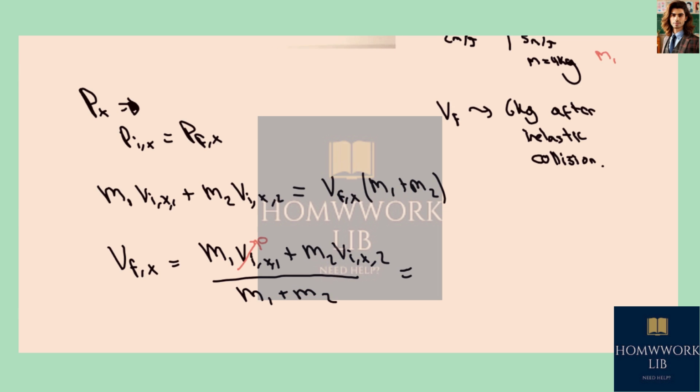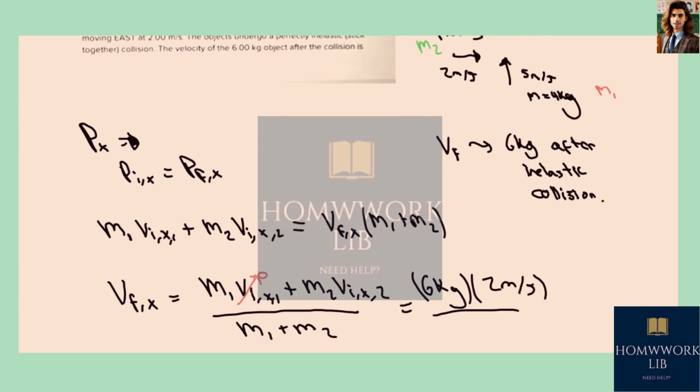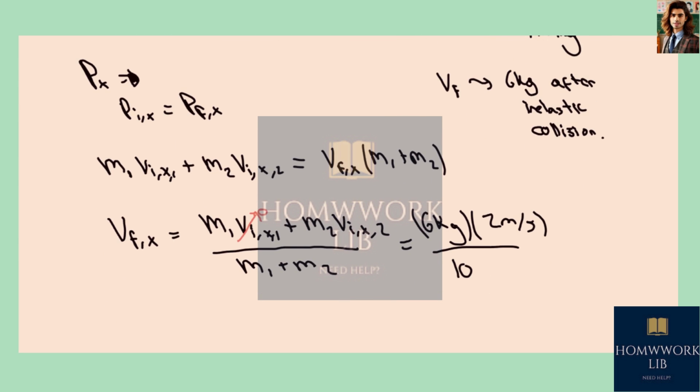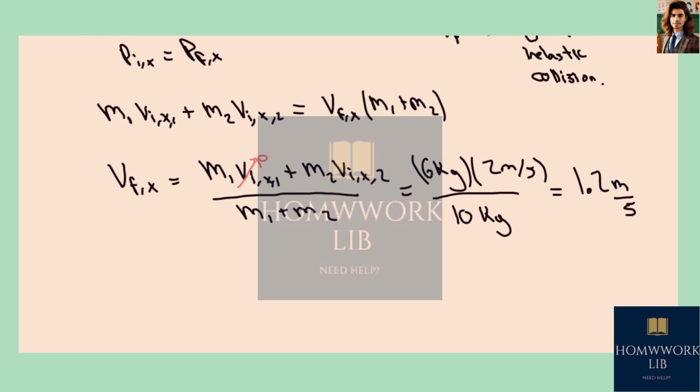Mass 2, equal to 6 kilograms, times the initial velocity of this object, which is 2 meters per second, divided by the sum of the masses of both of the objects, that is 10 kilograms, which gives us a value of 1.2 meters per second directly.